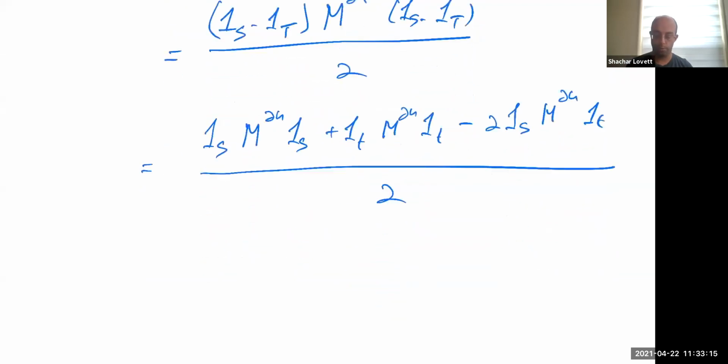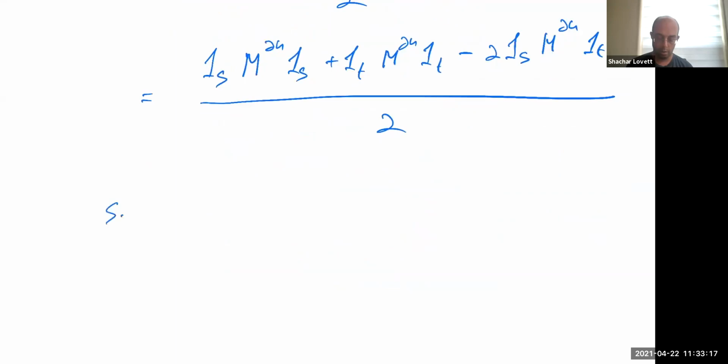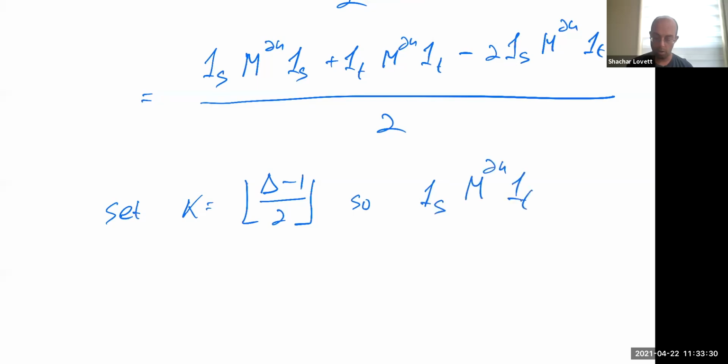So let's do that now. Let's set k to be delta minus 1 over 2, rounded down. So 1_s M to the 2k 1_t is 0. Again, what did we do here?